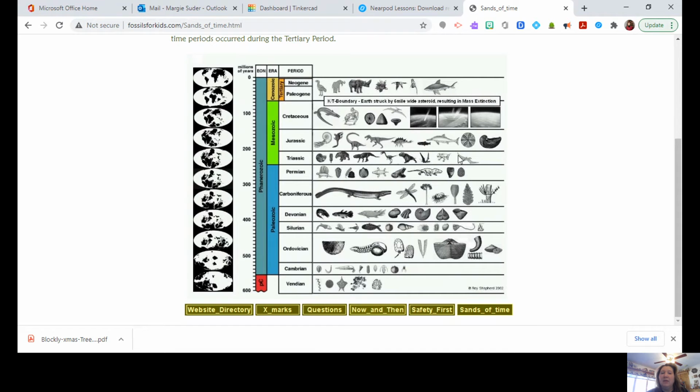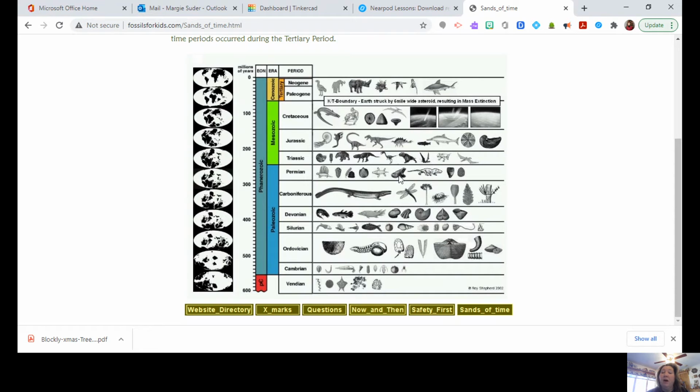This is the Triassic period. And here you can see some of the dinosaurs emerging. Then in the Jurassic period, that's when you see those ones that you would see in Jurassic Park, some of these dinosaurs appearing. But if I go older than the Jurassic period to the Triassic, and then I go down one more to the Permian, look at this animal right here. What does that look like?